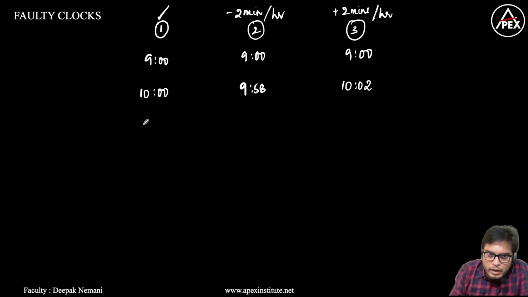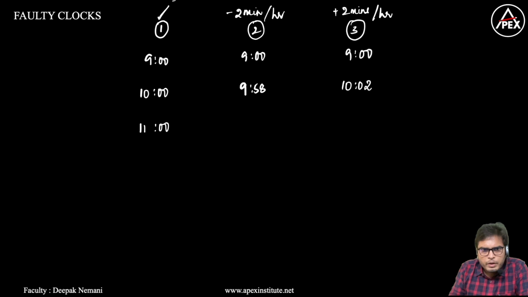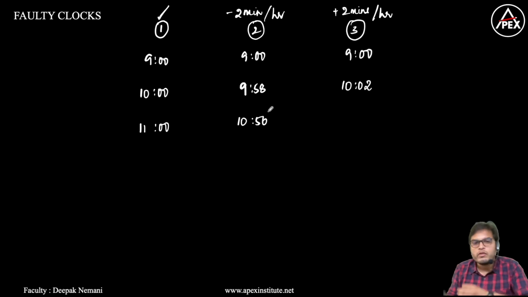Right? Now similarly, at exactly 11 o'clock, this will be showing 11 o'clock, because this is perfectly fine. Whereas this will be showing 10:56 because it slows down by another 2 minutes, and this will be showing 11:04 because it gains 2 minutes in this 1 hour, right?